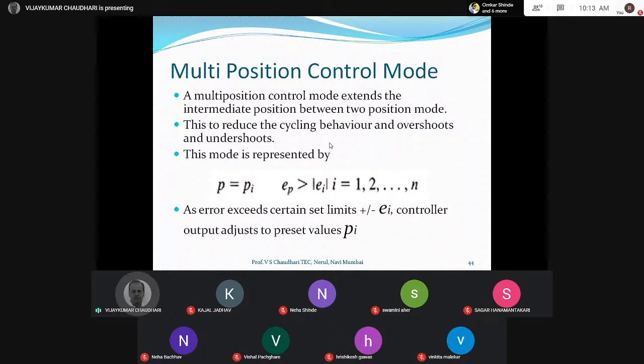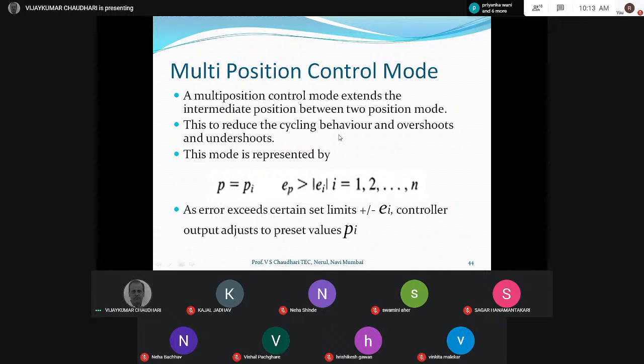So there will be three steps instead of just 0% and 100%. A 50% step is introduced in between. And such steps can be introduced in any number, actually.